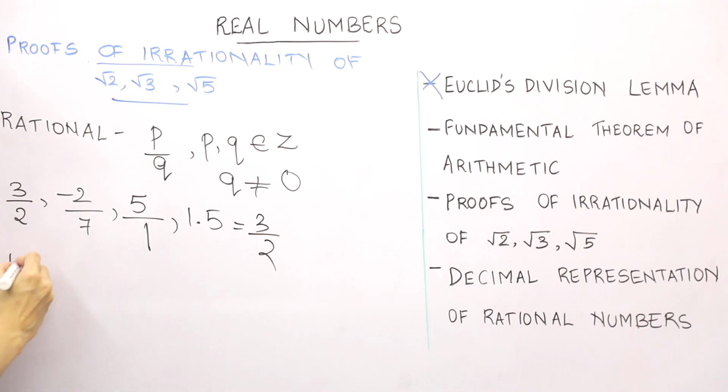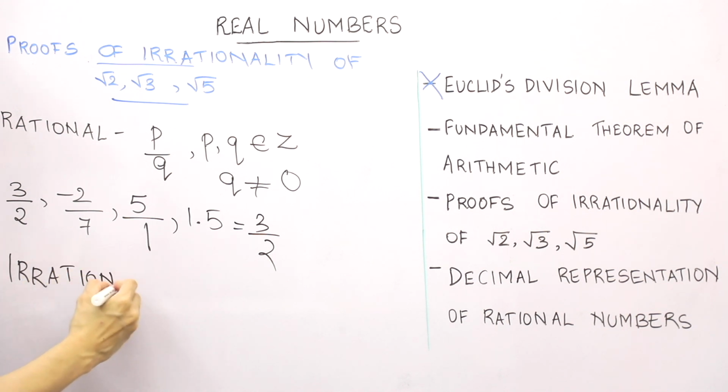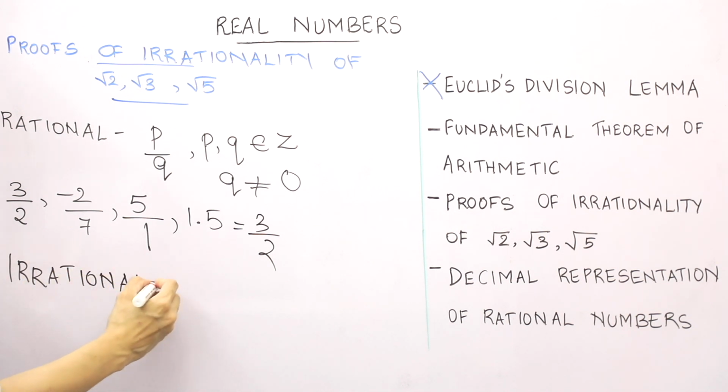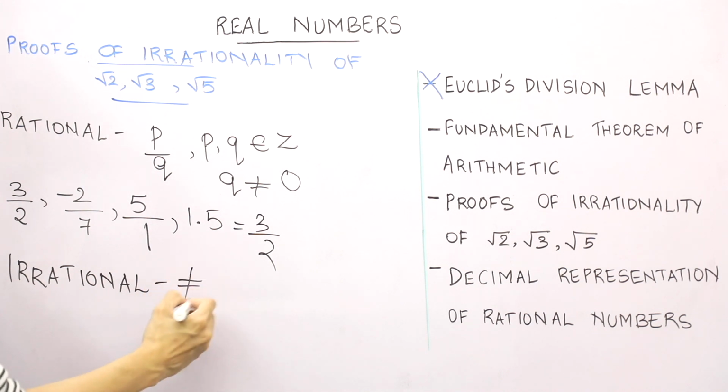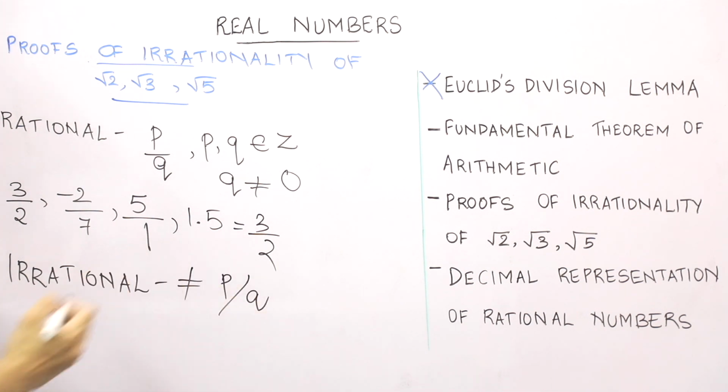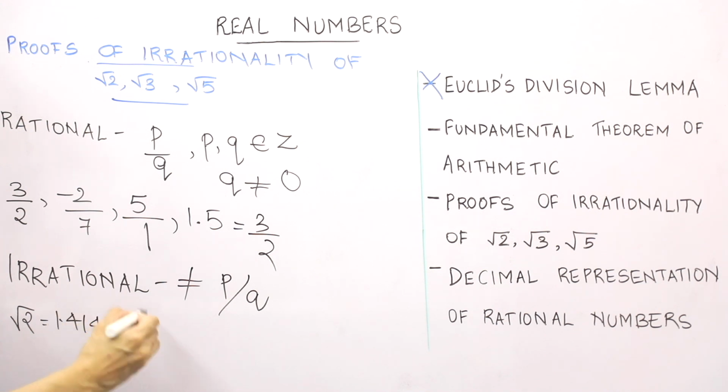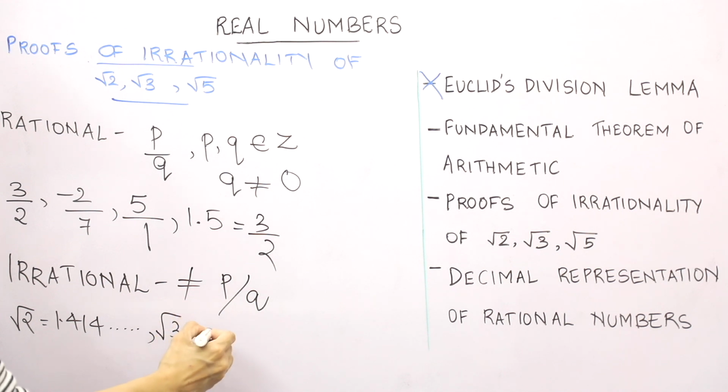So what is an irrational number? Any number which cannot be expressed in the form p by q is an irrational number. The irrational numbers that we are dealing with here are root 2, which is equal to 1.414, so on. Root 3, which is equal to 1.732, so on.